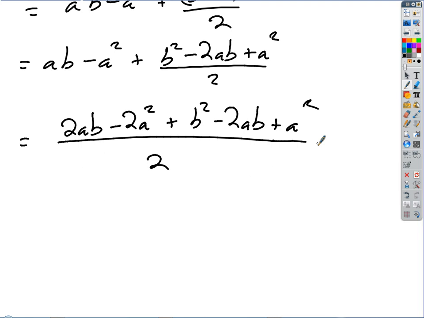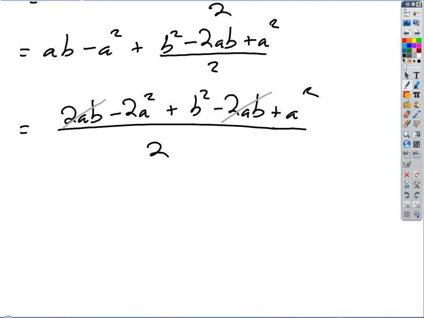So we get some cancellation: the 2ab cancels with that, and I get a squared minus 2a squared, so negative a squared.